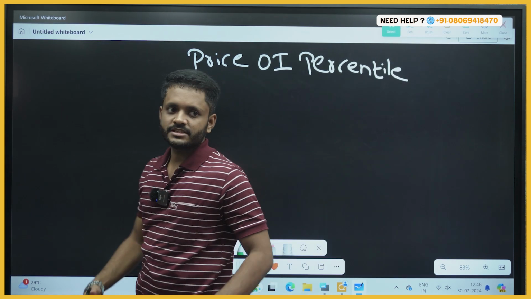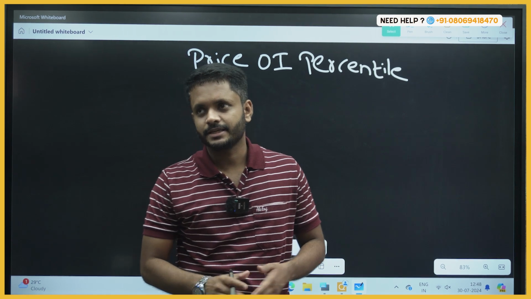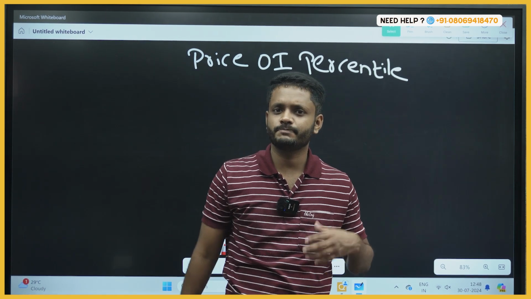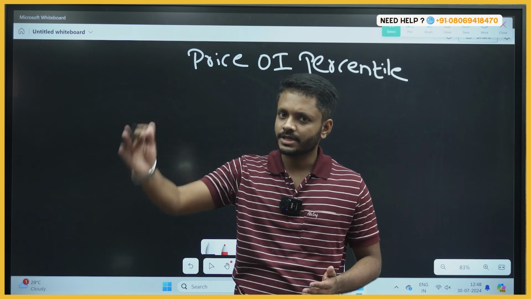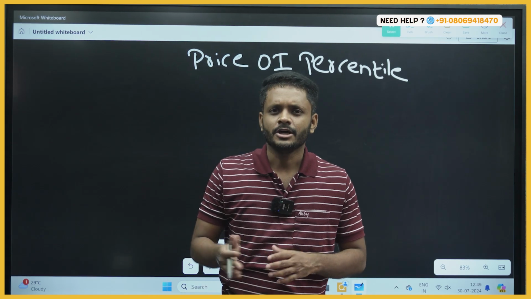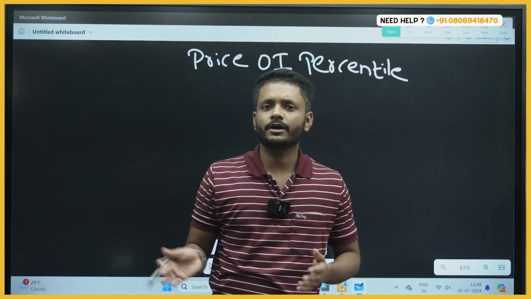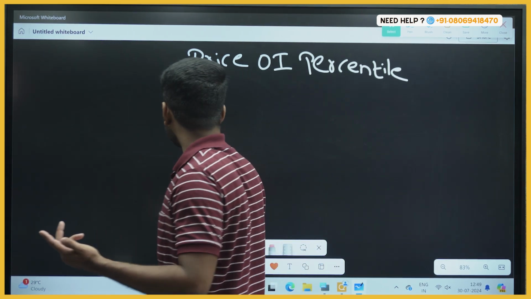So basically, what is percentile? As you might have seen in competitive exams like CAT and CET, this percentile concept is usually followed, correct? The one who secures the highest mark is usually given 99 percentile. So we are going to use a somewhat similar concept in this topic as well. Let's proceed with this.